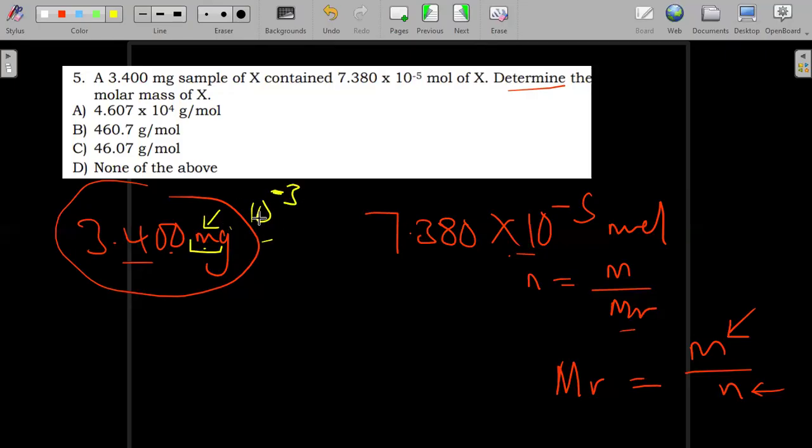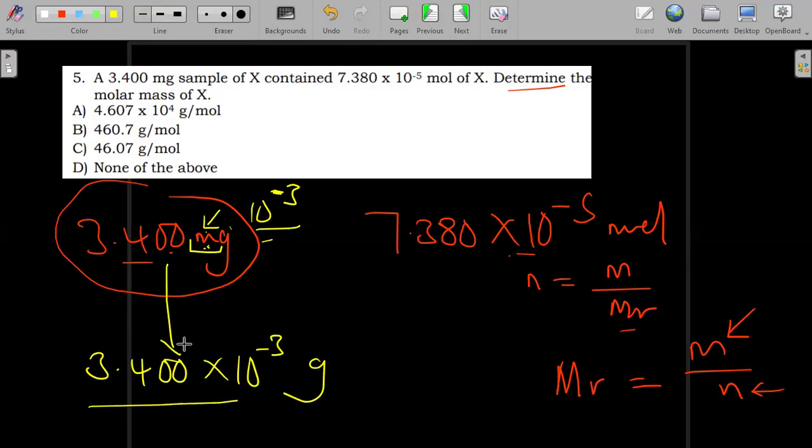That is milli. So where there's just m there, we're just replacing with this. So we are going to say 3.400, and where there was m, we say times 10 to the power minus 3, grams. So we've converted from milligrams to grams.